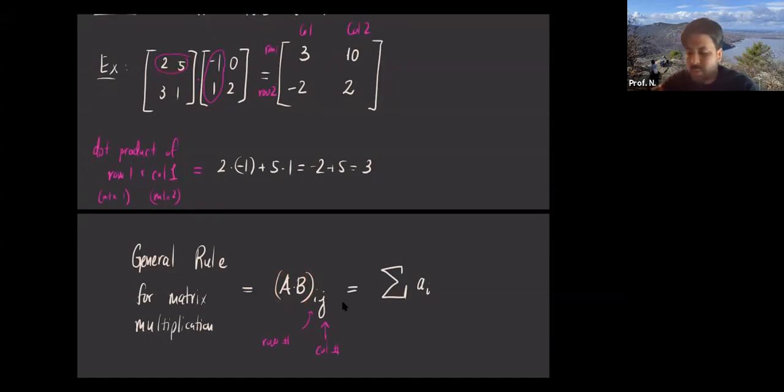It could be the first row, second row, third row. This is the notation, and k goes from 1 through N.